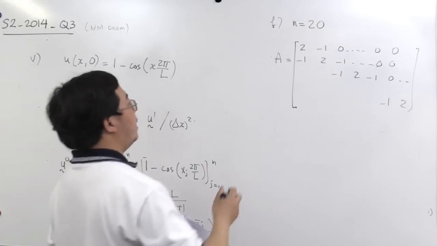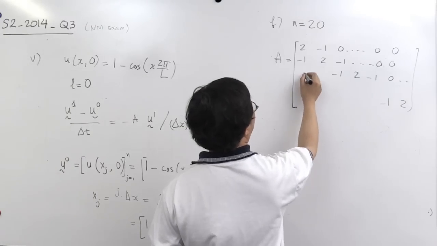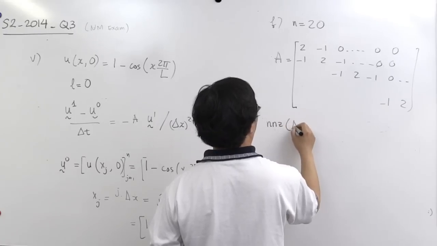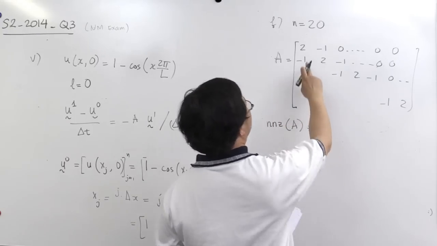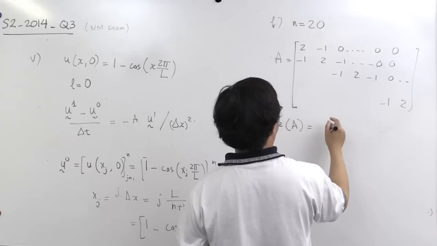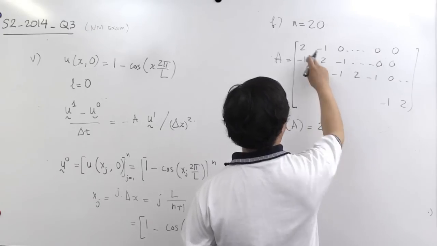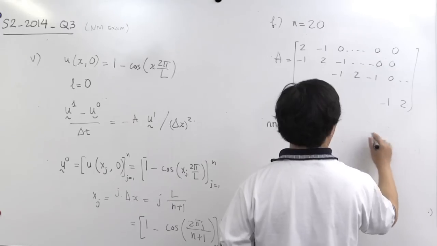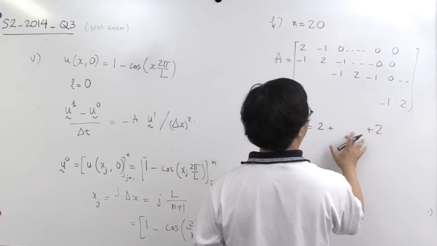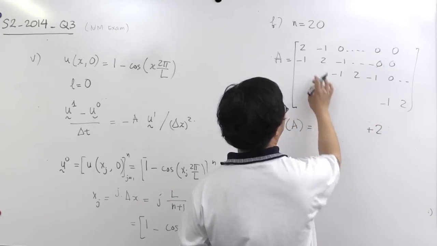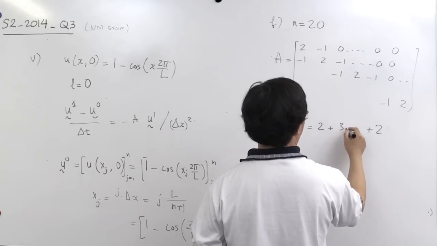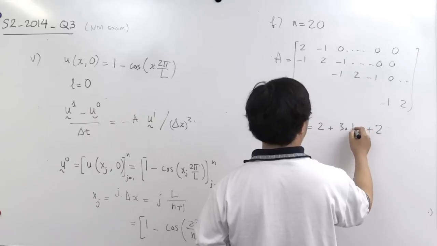So what is the number of non-zero elements? The first row has only 2 non-zero elements. The last row has 2 non-zero elements. Each row in the middle has 3 non-zero elements, and you have 18 rows in the middle.